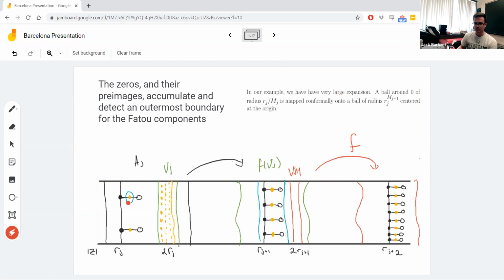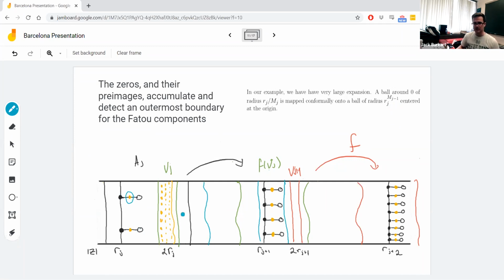A ball around a 0 of the function, which is on one of these antennae, is of radius approximately rj. It's going to get mapped onto something which has much larger radius, rj to the mj minus 1. So a small ball around the 0 is going to be mapped onto some ball containing the origin, which is going to be stuck between Aj and Aj plus 1.